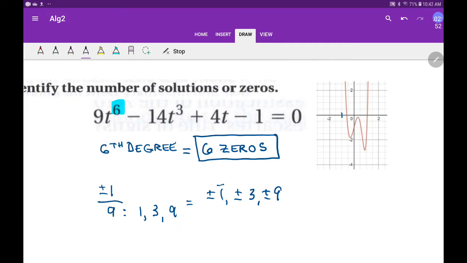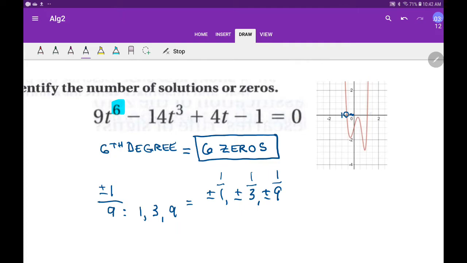I should have a 1 up here. 1 over 3, 1 over... Okay, there's a 1 on top, sorry. So it's not 1, and it's not 1/9. That'd be over here, almost 0. And it's not 1/3, which would be about right here. So, I don't know what that is, but it's not in my list of possibilities.